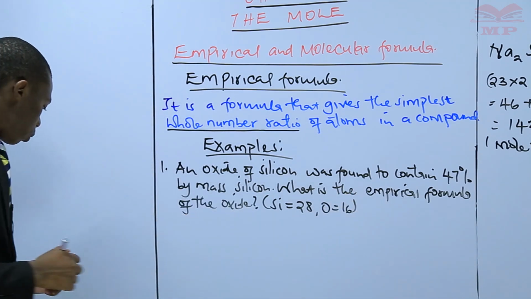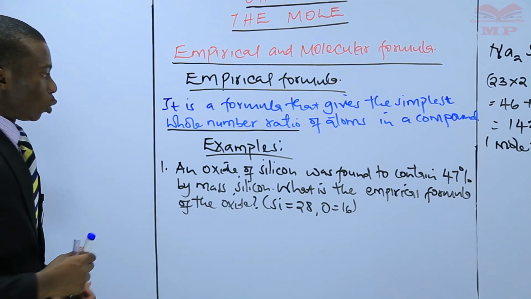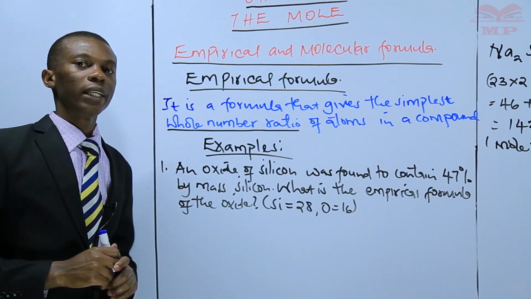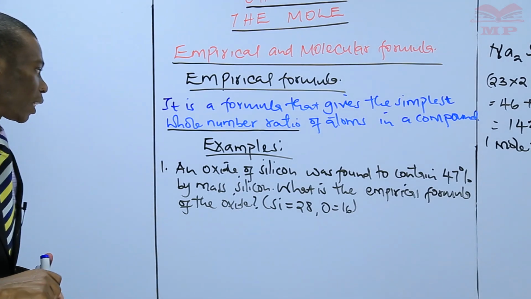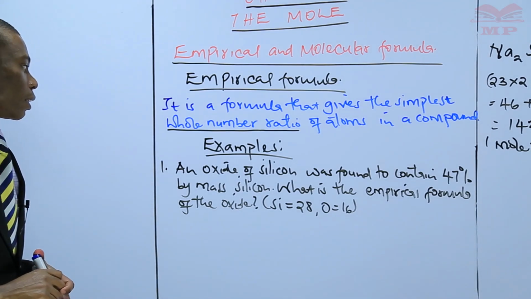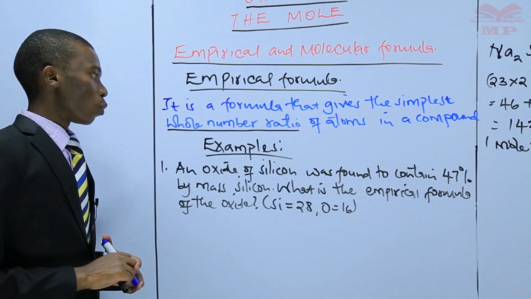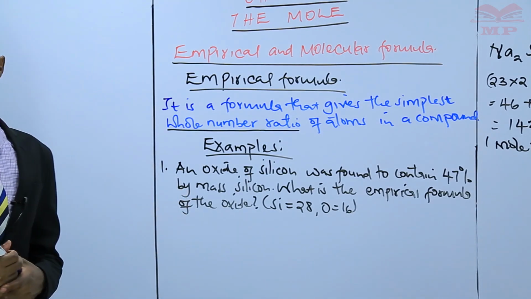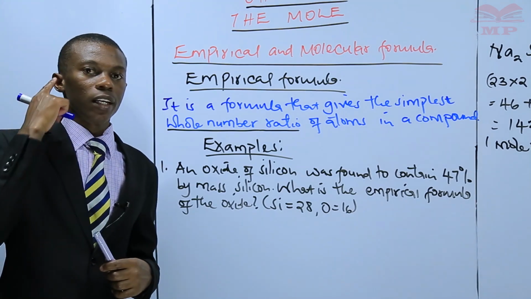An oxide of silicon was found to contain 47% by mass silicon. What is the empirical formula of the oxide of silicon?